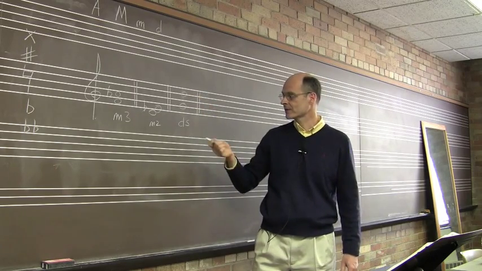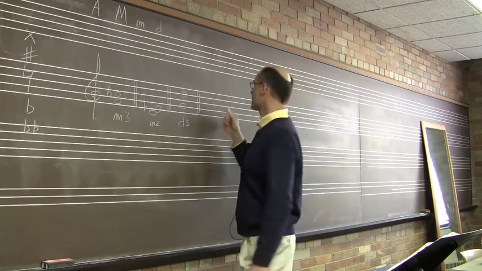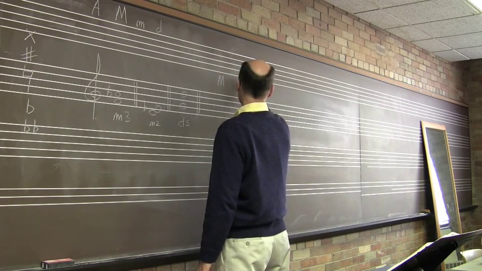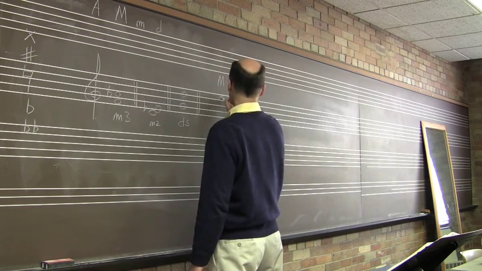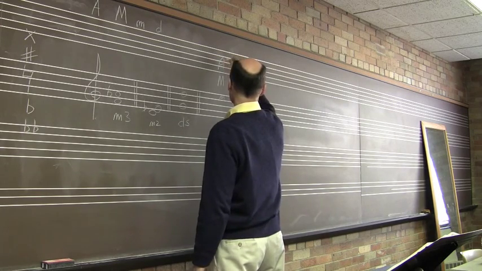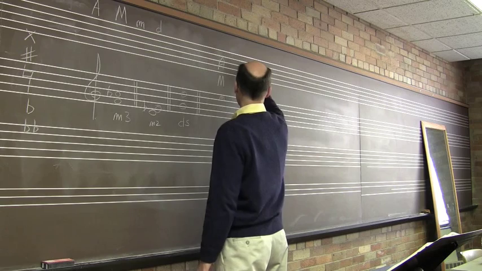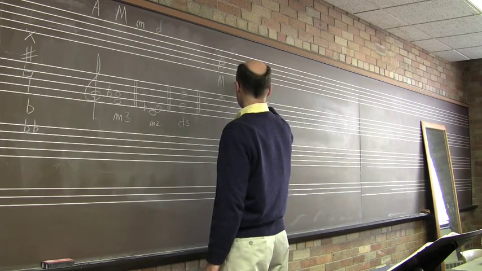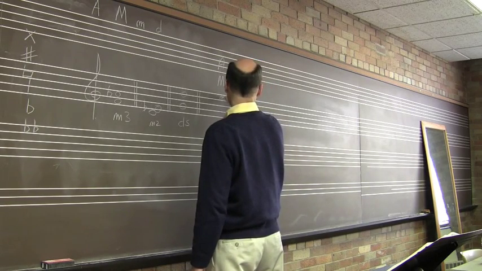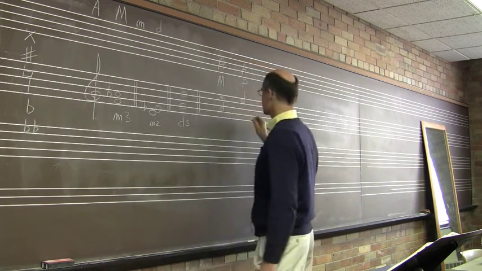So G to D is a perfect fifth. Now, remember what I said. If you're starting with a major interval and you go a half step smaller, you get a minor interval. Major interval, a half step larger, you get augmented. Perfect interval, a half step larger, you get an augmented interval. A perfect interval, a half step smaller, you get a diminished interval. And this last one, a minor interval, half step smaller, becomes a diminished interval.